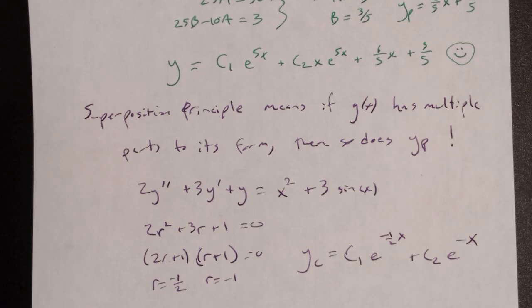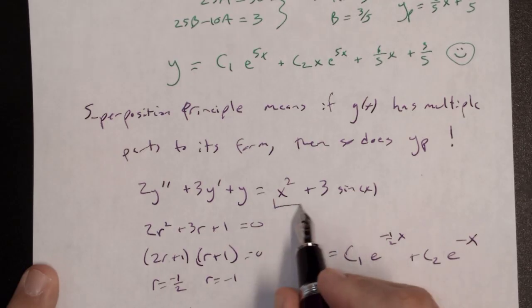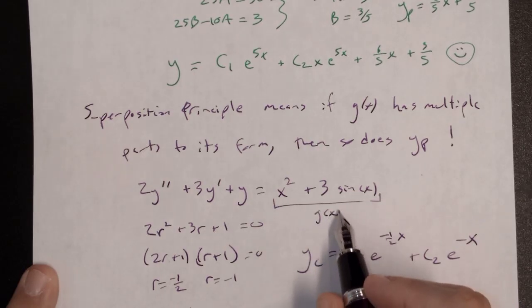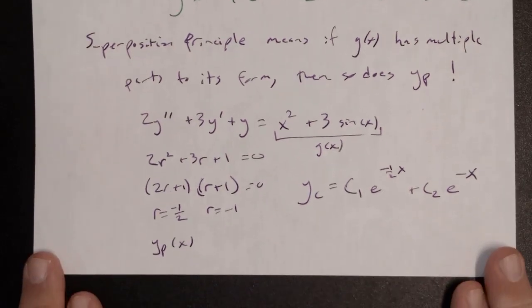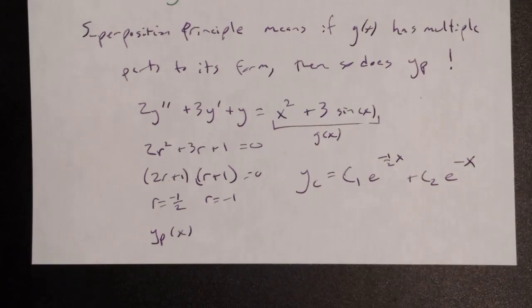But now I say to myself, what's yp? Well, yp should have its form match g of x. But g of x has multiple parts in it.